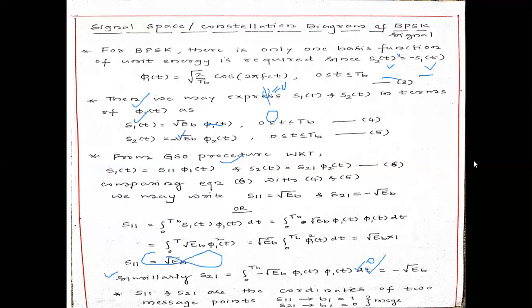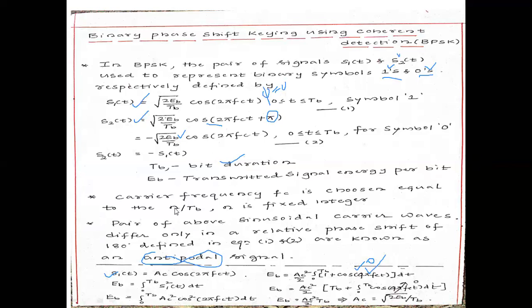So you can observe the previous slide here. S1 of t is equal to square root of 2 Eb divided by Tb, cos 2 pi fct, right? So the amplitude term can be written as square root of 2 divided by Tb, into square root of Eb.